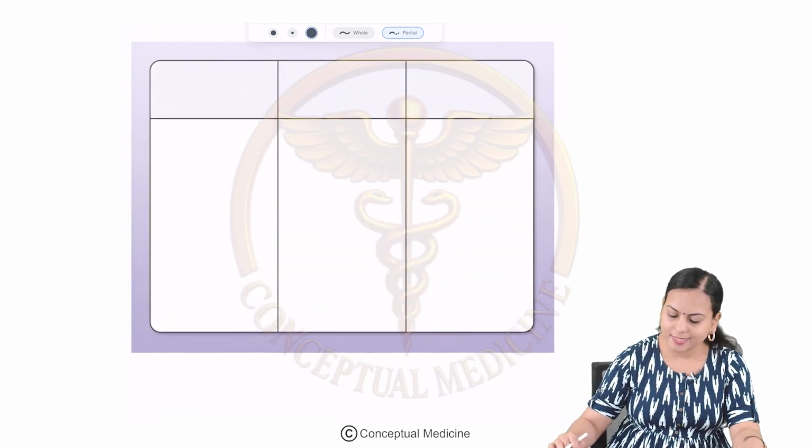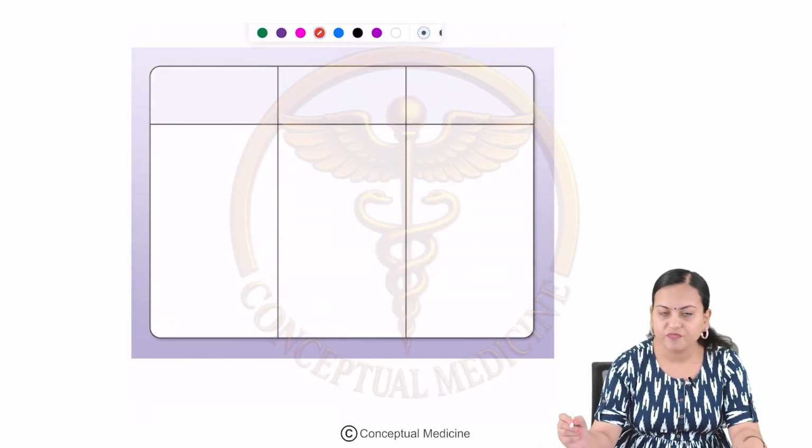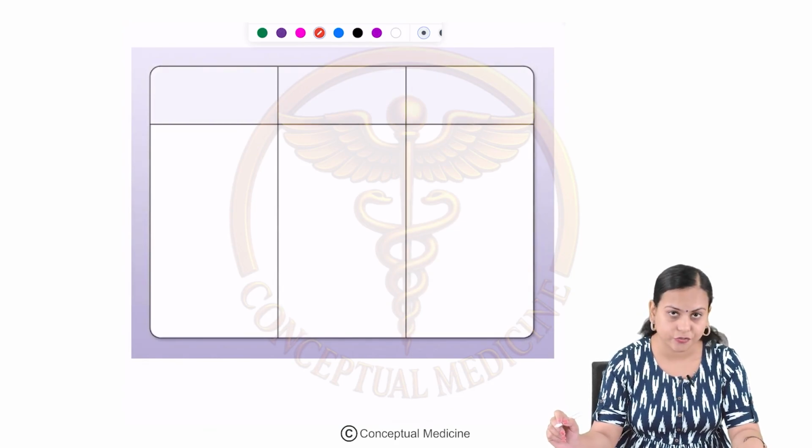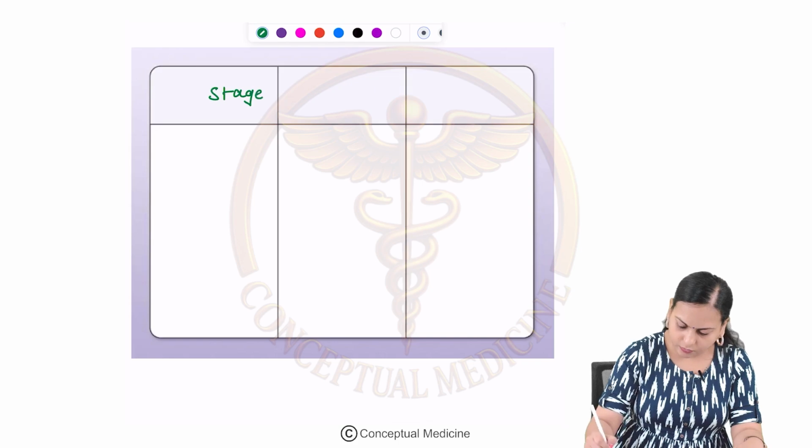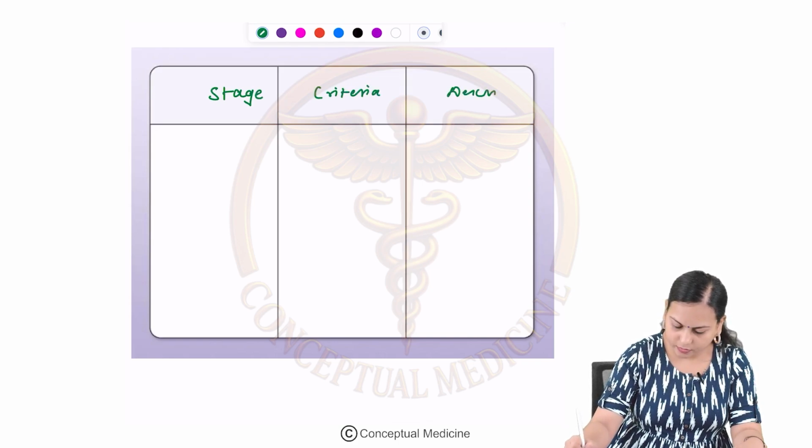Now, let us see about the various subdivisions of stage 3, that is the stage, the criteria and description.